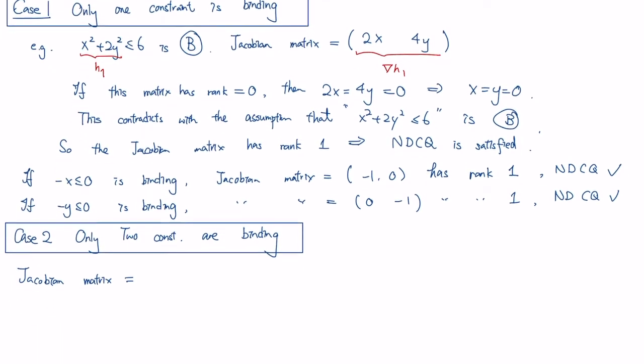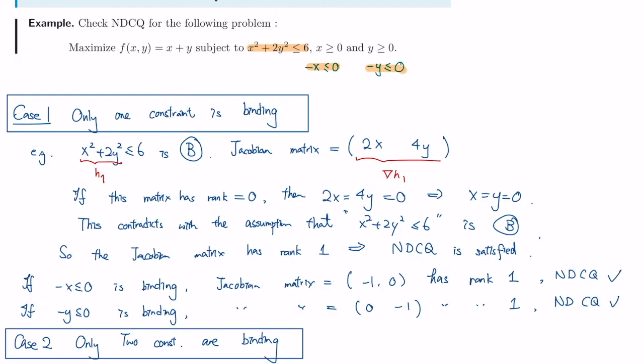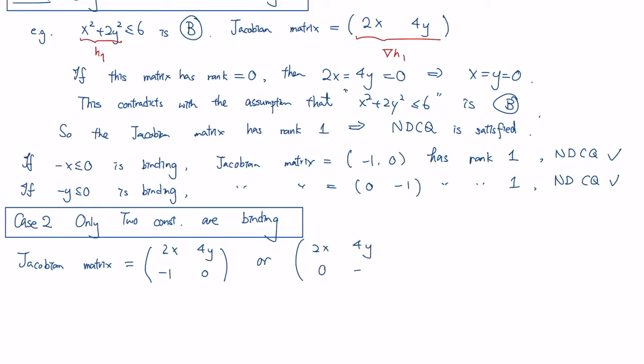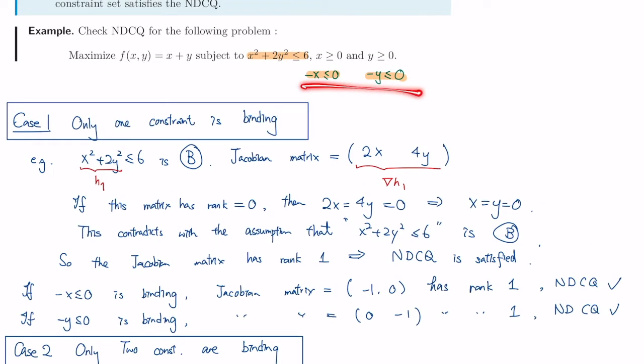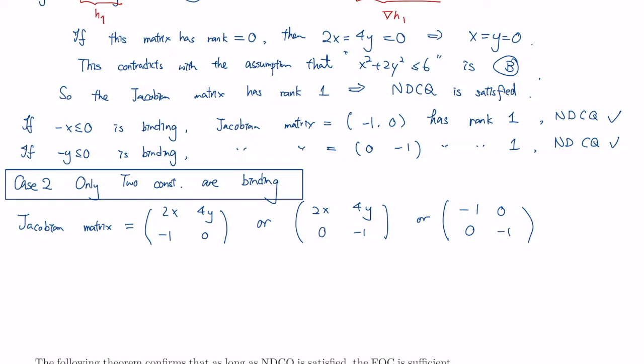So the Jacobian matrix will be 2x, 4y; minus 1, 0. Or if it is the first constraint and the last constraint that are binding, then the Jacobian matrix will be 2x, 4y; 0, minus 1. Or if it's the last two constraints that are binding, that is when x and y are both 0, then the Jacobian matrix is minus 1, 0; 0, minus 1. And you want each of these matrices to have rank 2. Well, this last one has rank 2, so it's okay.